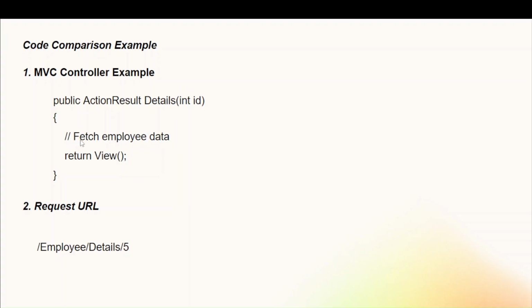So we are fetching the employee data and returning the view with the employee data of that id. In the URL, Employee is the controller name, the next is Details, which is the page name, and then the id.